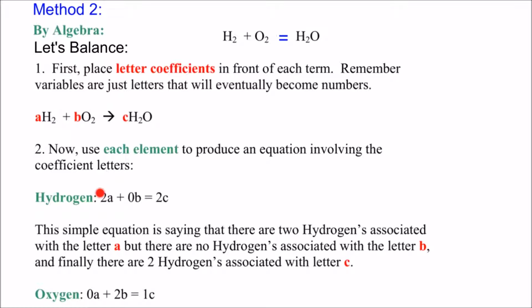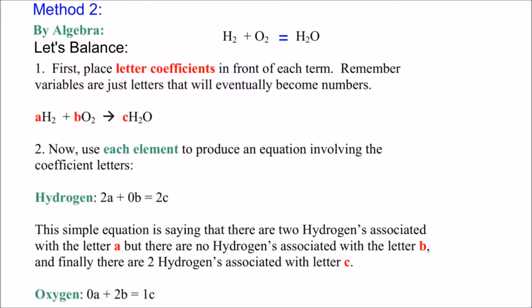So I'm going to have 2A for hydrogen. Now in this B term there are no hydrogens, so you can either put plus 0B or just not put any B down at all. Then the arrow is an equal sign, so we put equals. And then here I have hydrogens again, so I'm going to say 2 times C for those 2 hydrogens.